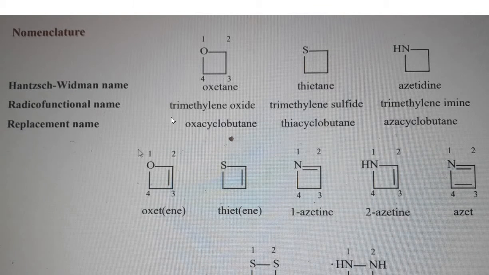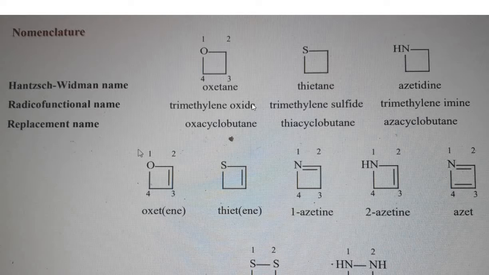Now the same way you can try the nomenclature of 4-membered rings: dioxetane, thietane, azetidine according to Hantzsch-Widman names, which you already learned in the first class. Now again trimethylene oxide, trimethylene sulfide and trimethylene imine, the radicofunctional names.